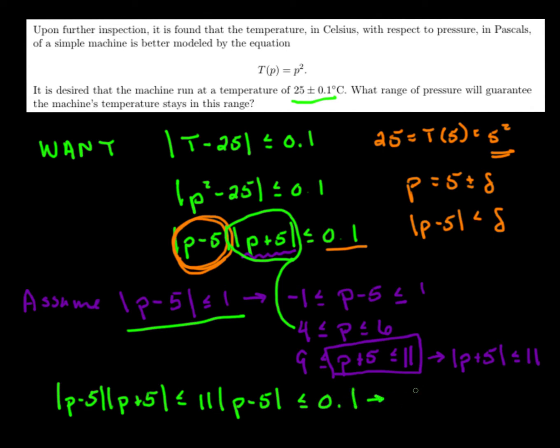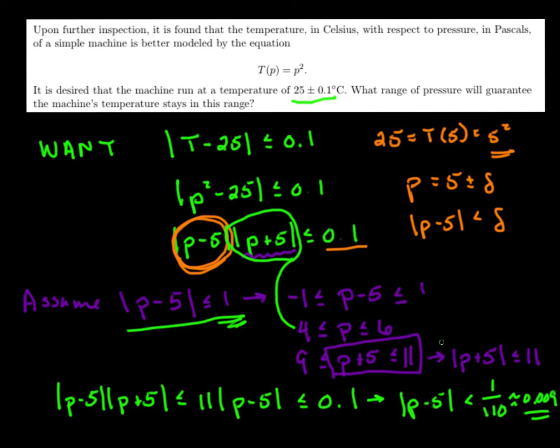So as long as I make sure that my P minus 5 is less than 1/10 divided by 11, so that's 1 over 110, which is approximately 0.009. And sure enough, 0.009 is definitely less than 1. So as long as P minus 5 is less than 0.009, then P minus 5 is clearly less than 1, and P plus 5 is less than 11.